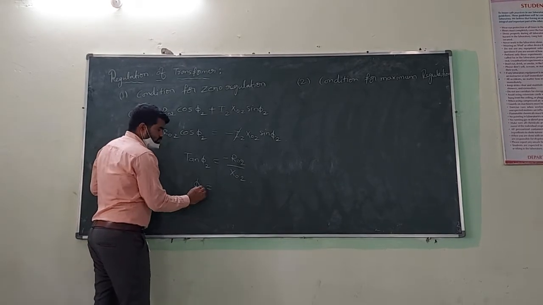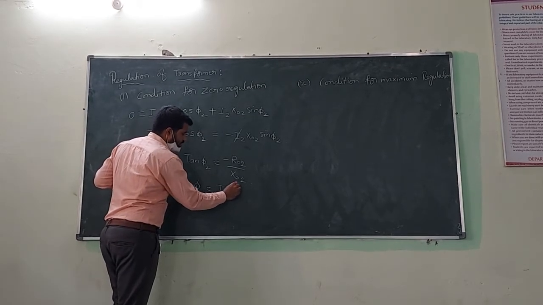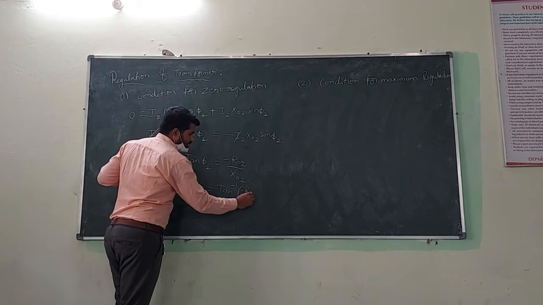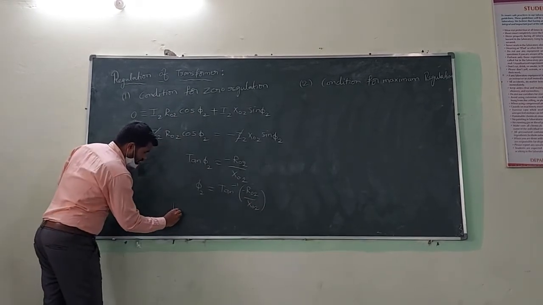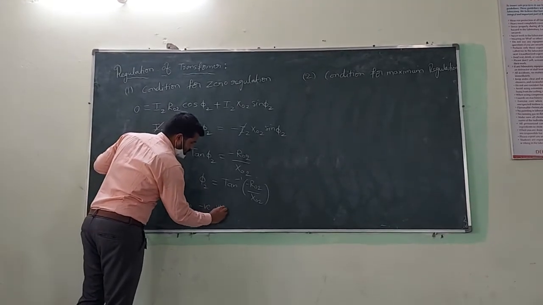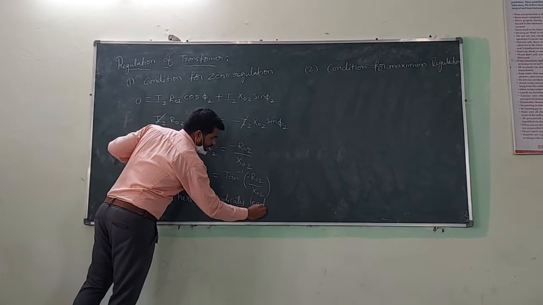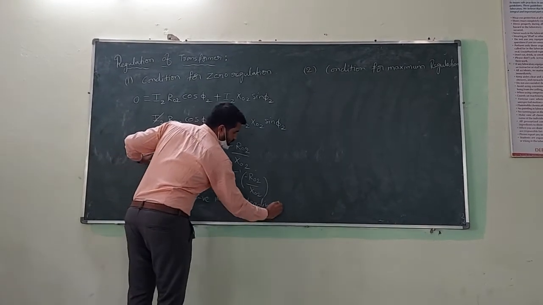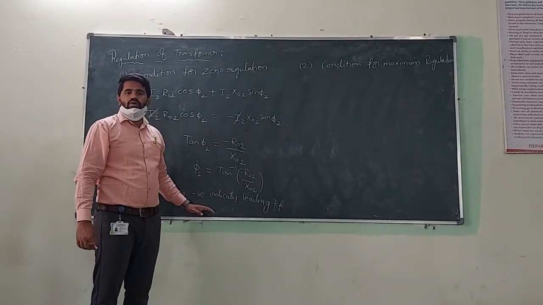The angle between the voltage and current is tan inverse of minus R02 by X02. Here negative indicates leading power factor.